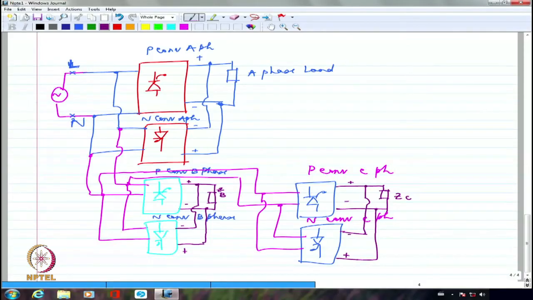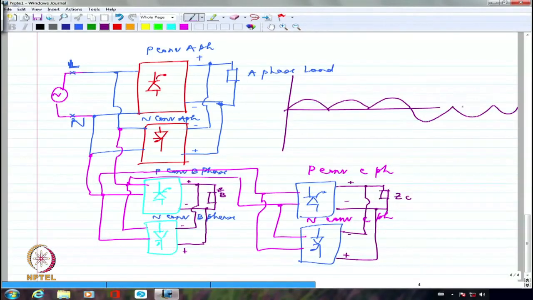You get my point. If I am going to have my A phase output somewhat like this, and it is going to have 3 half cycles like this. This is A phase, ZA voltage, VZA. VZB can start from this half cycle. You get my point, because this entire thing corresponds to 180 degrees.